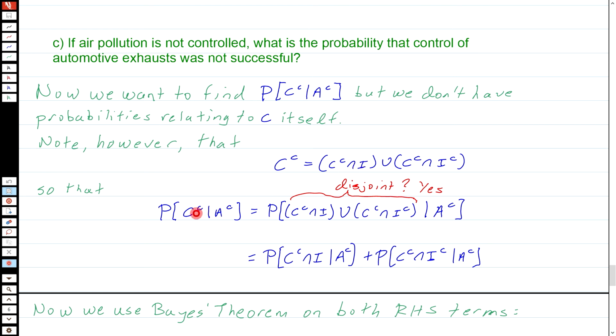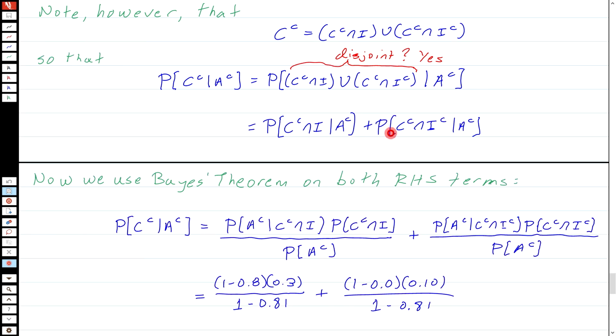So then I can write this thing as the probability that this takes place given A complement. And then I look at this and this. Are they disjoint? Yes, they are disjoint, so I can write this as the sum of these two probabilities. And now I have to use Bayes' theorem on both of these things. So it's probability of A complement given this times this divided by this, and so on and so forth.